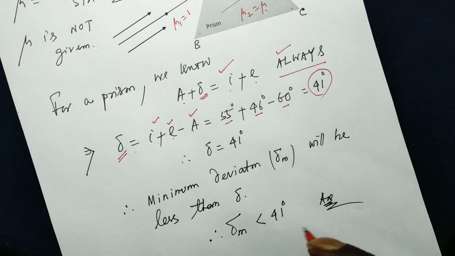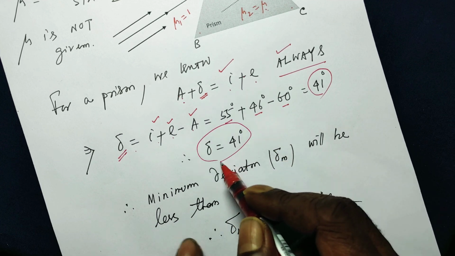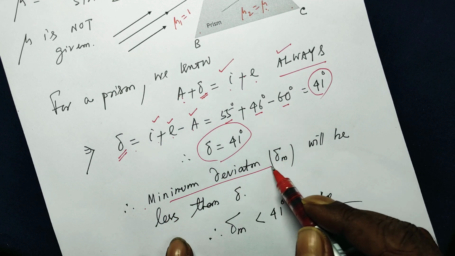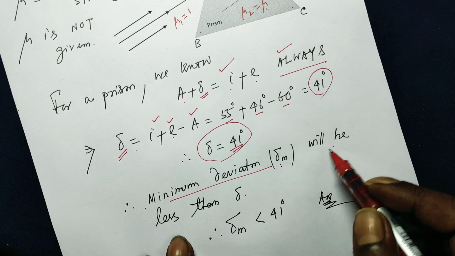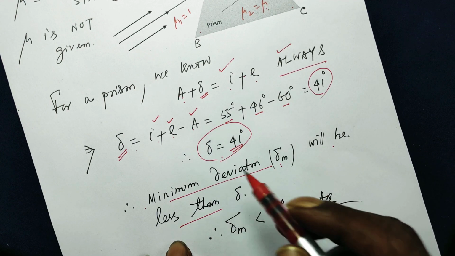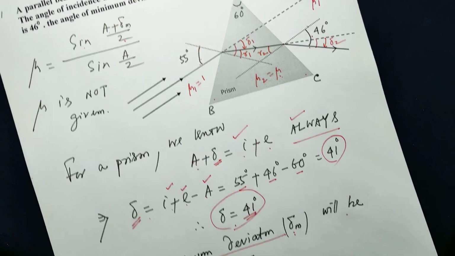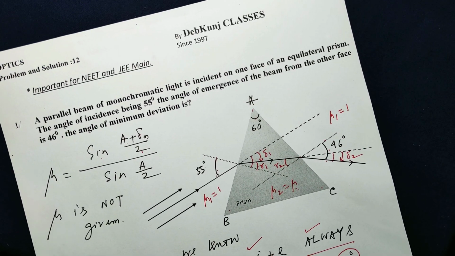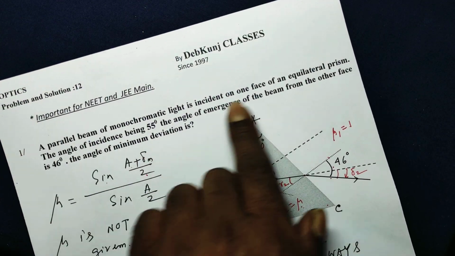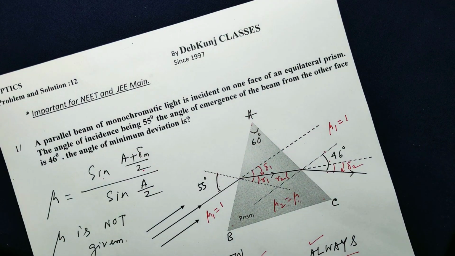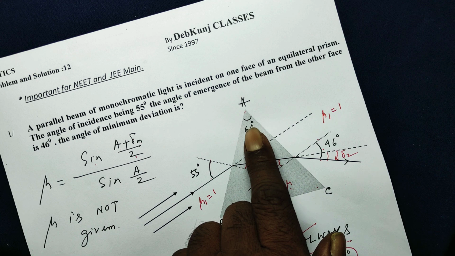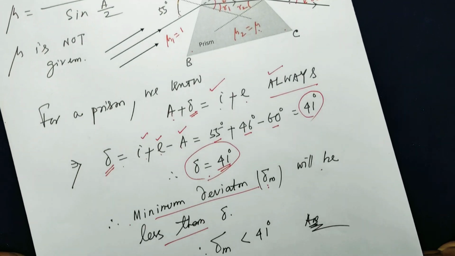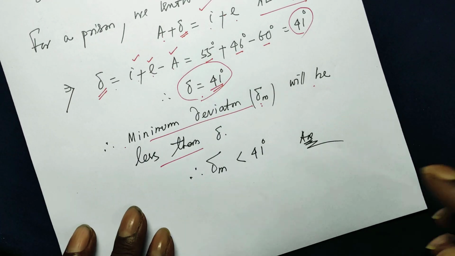And we know, so this is the total deviation. Therefore, minimum deviation should be less than this. So delta m will be less than delta. So the answer is, delta m in this problem where I is given, E is given and angle A is given, your delta minimum will be less than 41 degree.